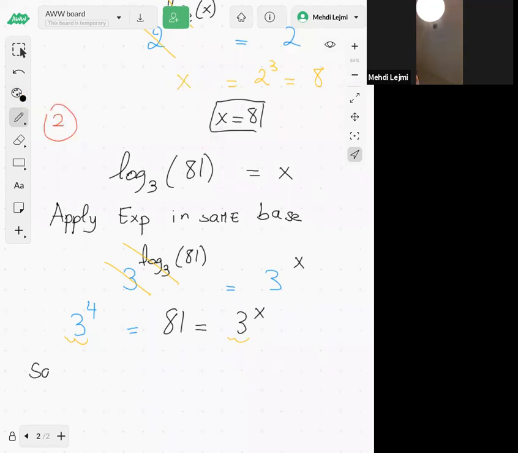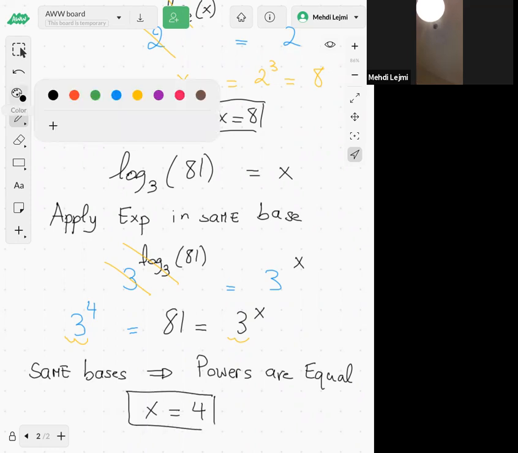So same bases, powers are equal. So your x is 4. All right, so this 4 here is equal to this x.